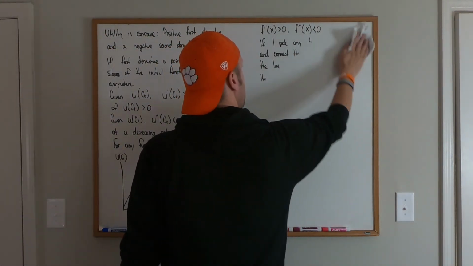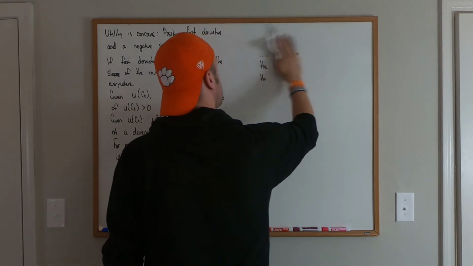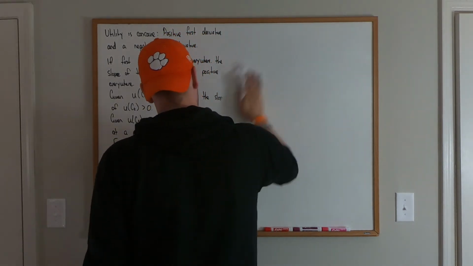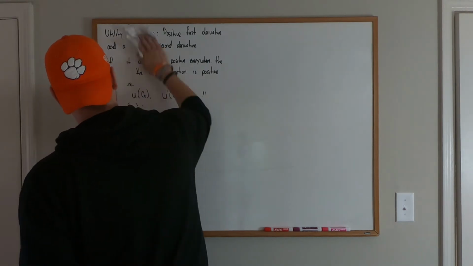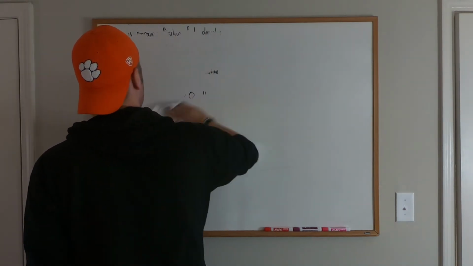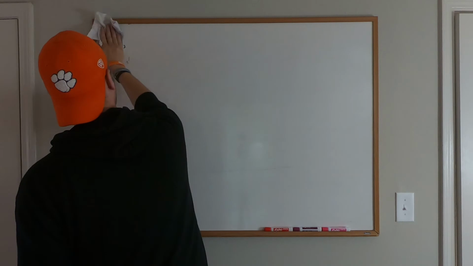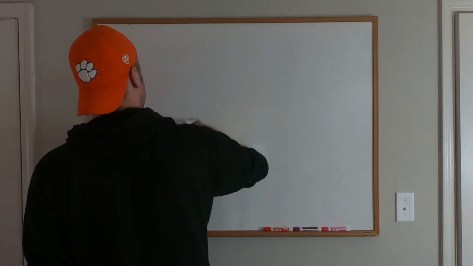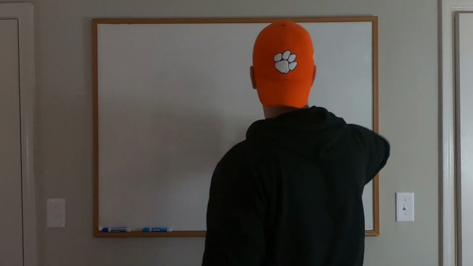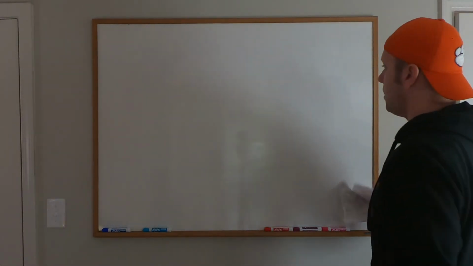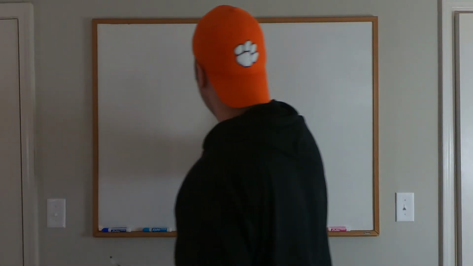So now that I've got some of the basic mathematical structures lined out of this utility function, now I can go a little bit further and show you what the utility function is going to look like over multiple points in time. Because so far I've only looked at one point. We've only looked at consumption today, meaning we've only looked at utility of consumption today.